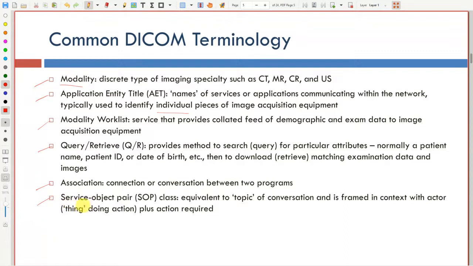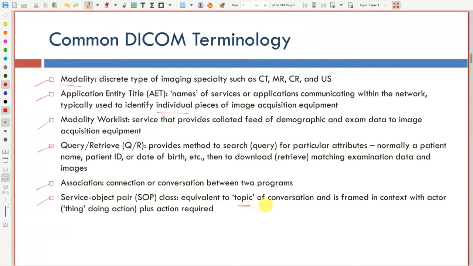Whatever you're going to talk about is called the service object pair, the SOP class. It's equivalent to the topic of the conversation, for example a certain patient study, or a sub-image of a certain study.